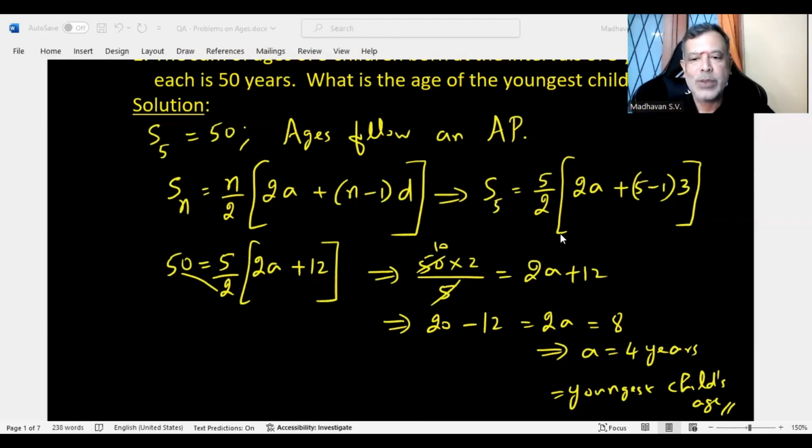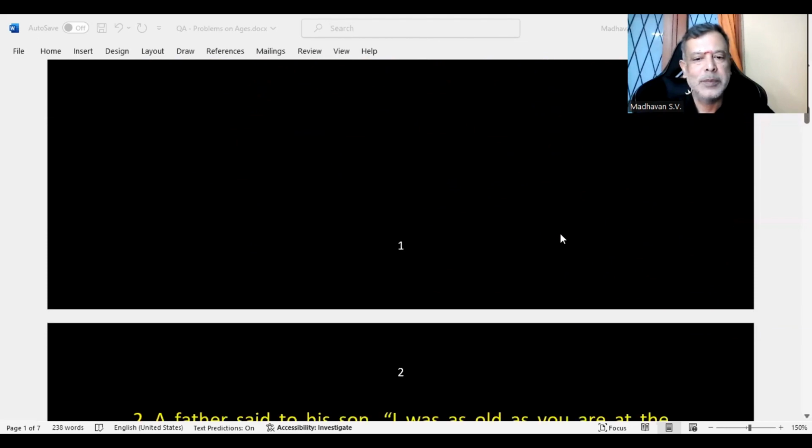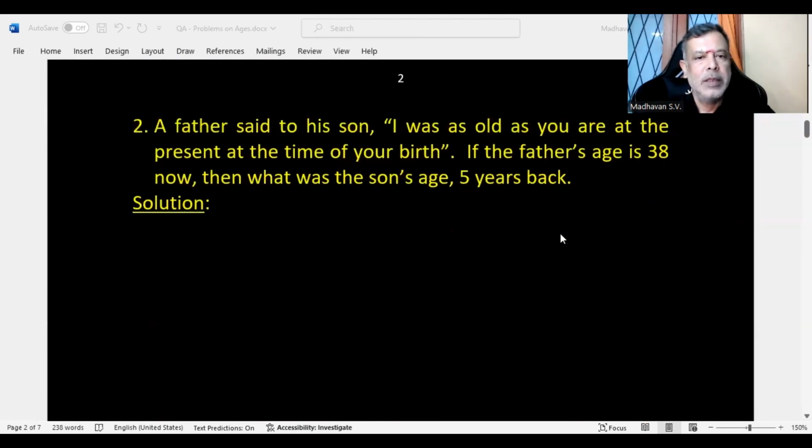Let us move on to the next question. Here, father said to his son, I was as old as you are at the present, at the time of your birth. If the father's age is 38 now, then what was the son's age 5 years back?